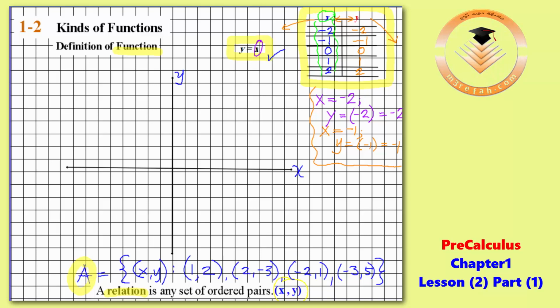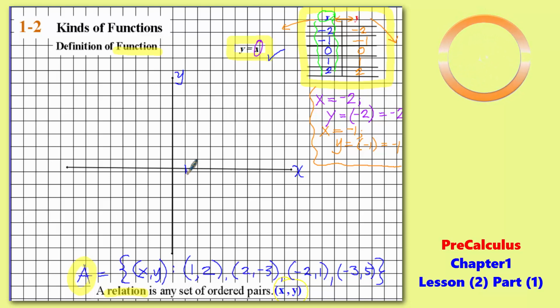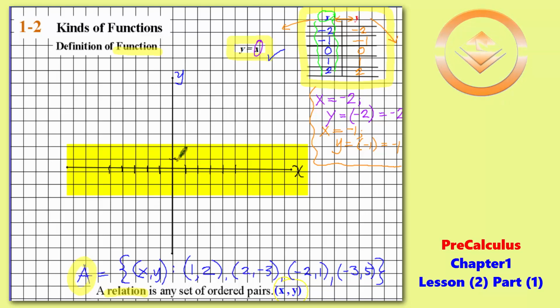I'm going to label the scales. So this is 1, 2, 3, 4, 5. I'm just choosing up to 5 units to the right, 5 units to the left, and 5 units up from the origin.